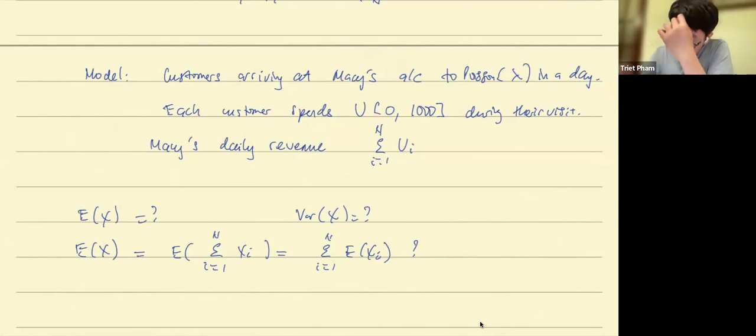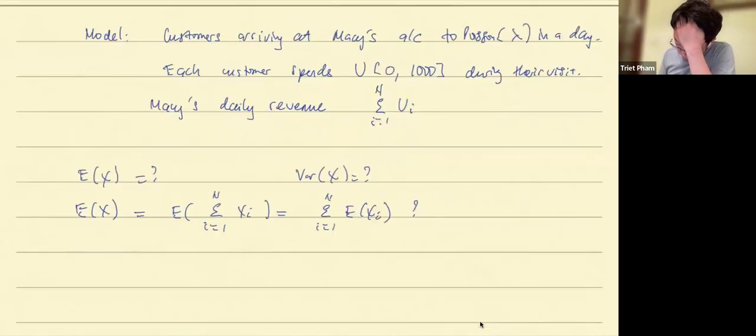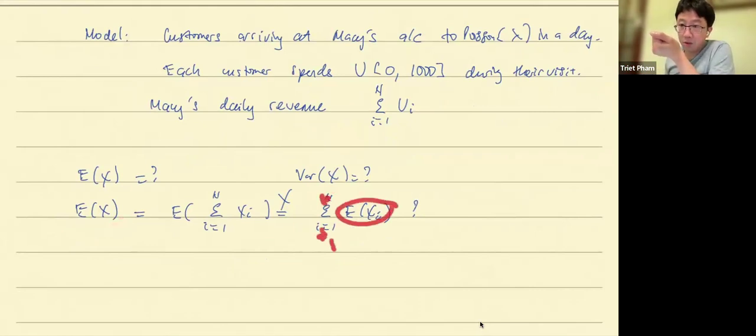Well, the answer is obviously not. The reason being, this is a random variable. So you just have to compare. This is a number. Expectation is a number. These are numbers. When you add them up a random number of times, this is a random variable.